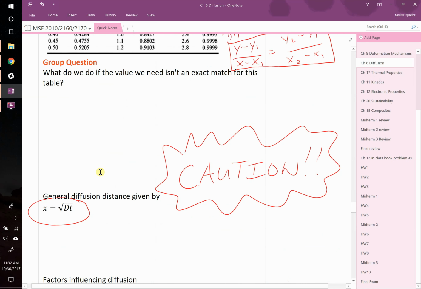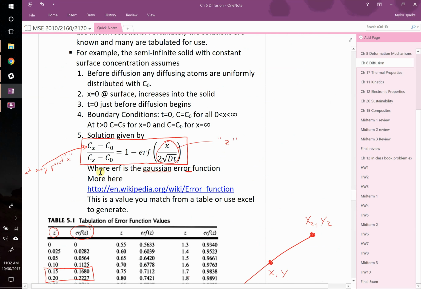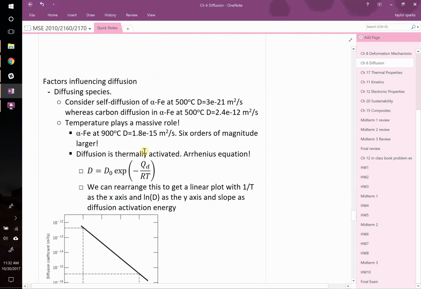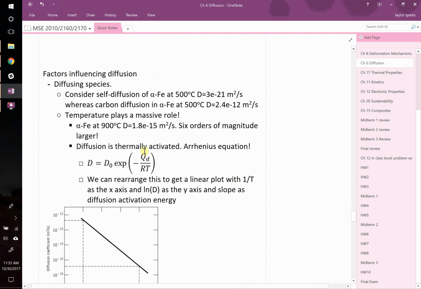This is just an approximation, and you can actually see what we're doing here. We're plugging in an average value for x. We're basically saying here when the error function is equal to a half, right? So it's when you are halfway between your surface concentration and your concentration deep inside the material, okay?